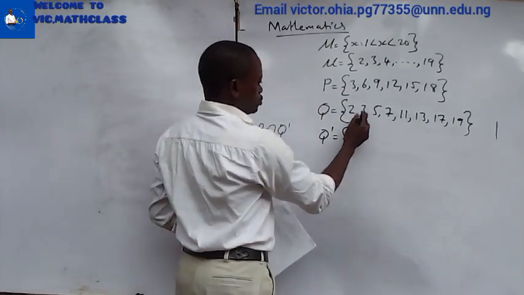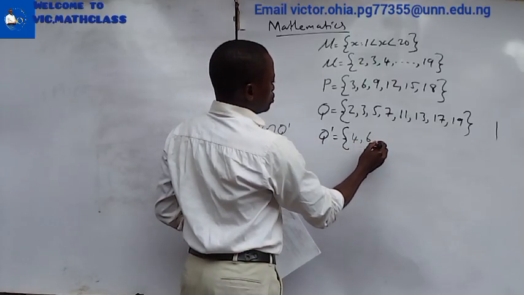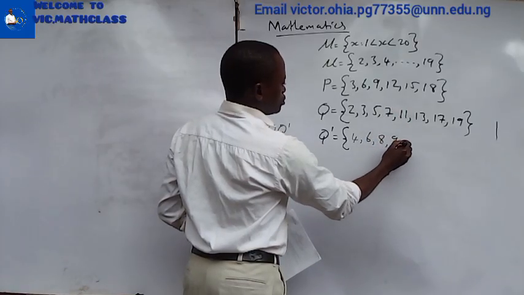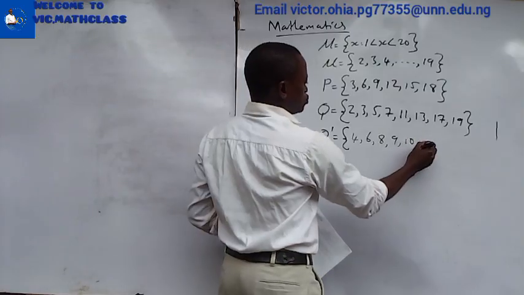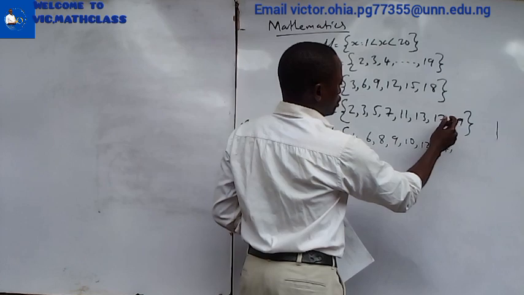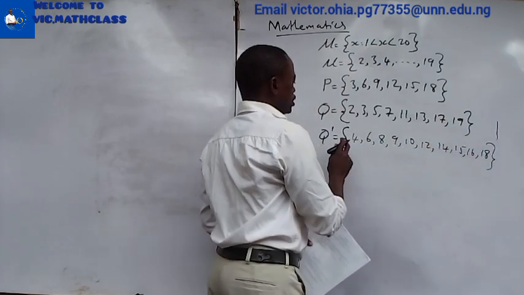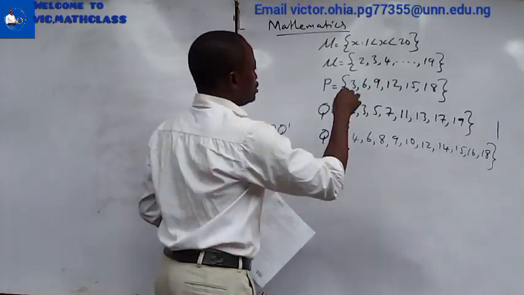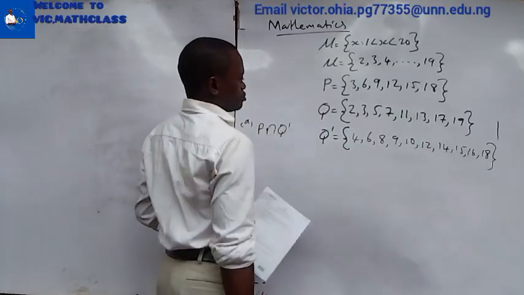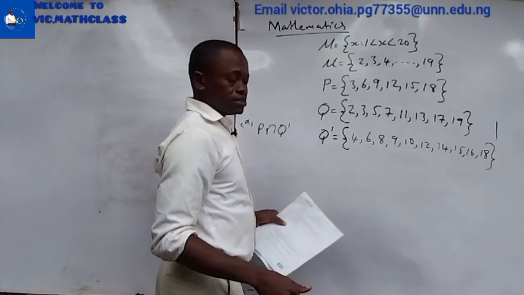If we go there now, we realize that the first element will be 4, followed by 6, followed by, after 7, we have 8, 9, 10, 11 is in Q, we have 12, 13 is in Q, 14, 15, 16, and 18. These are the elements that are in Q prime. They are in the universal set, but they are not in Q. Look at Q here, they are not here. So if you check, all these elements are not here. They are called Q prime, Q complement.